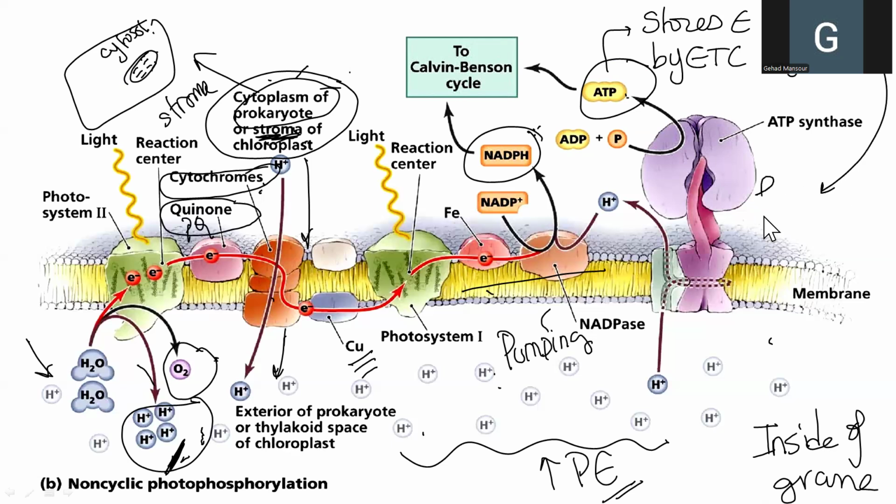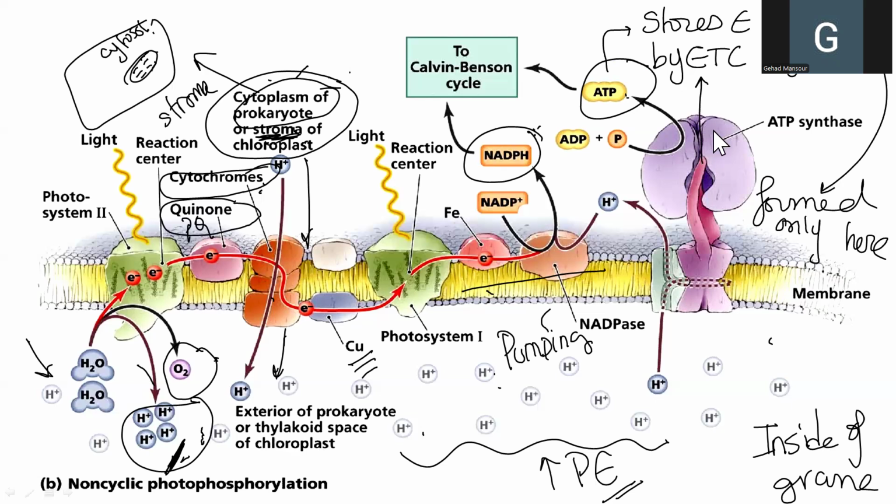Yet it is formed only here when the protons have enough electromotive force or proton motive force to diffuse by facilitated diffusion down the concentration gradient through the rotor bulb of this enzyme.